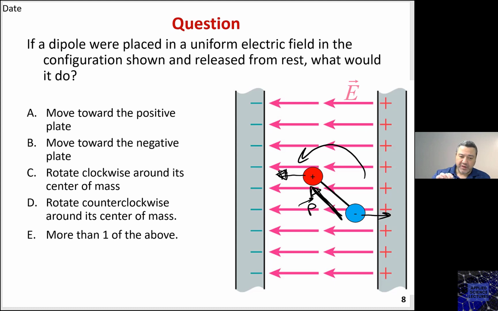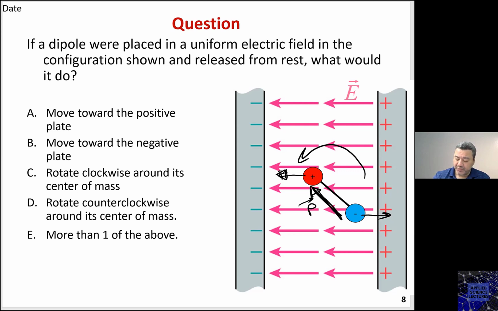So one of the specs for those dipoles is that they always turn such that their dipole moment is pointing parallel to the electric field. So in this case, if this dipole was placed in this uniform electric field and was released from rest, what would you expect it to do?